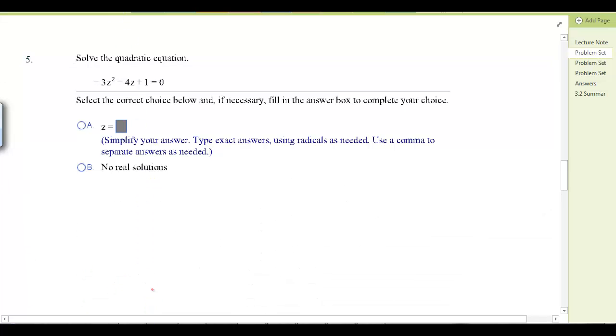All right, solve this one. Now this one does not factor. There's not going to be factors of 1, which are 1 and 1, which are going to give me this in the middle with this out here. So looks like we're going to have to use the quadratic equation. And let's see, A is negative 3, B is negative 4, C is equal to 1.